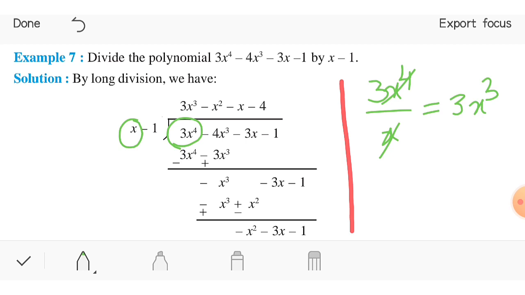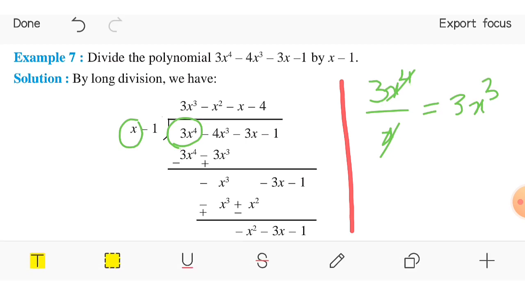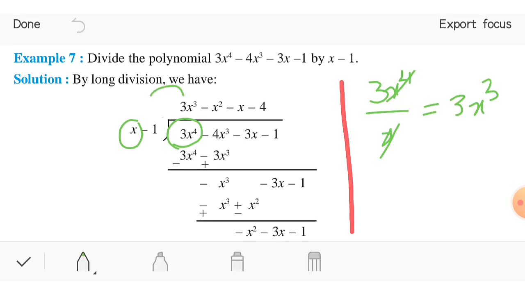Multiply 3x cube with x, we get 3x power 4. After changing the symbol it becomes minus 3x power 4. Again 3x cube times minus 1 will give us minus 3x cube. Again after symbol change we'll get plus 3x cube. These two get cancelled.